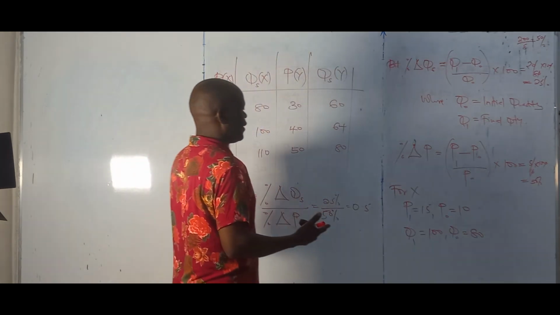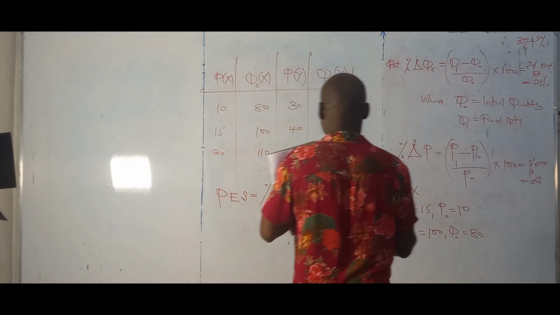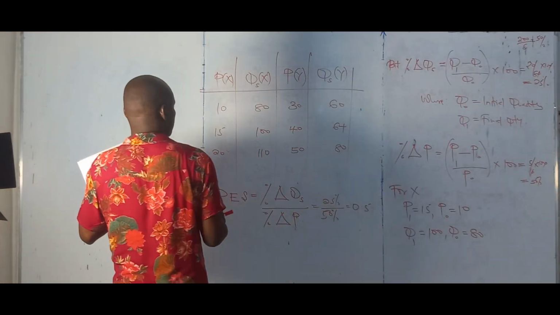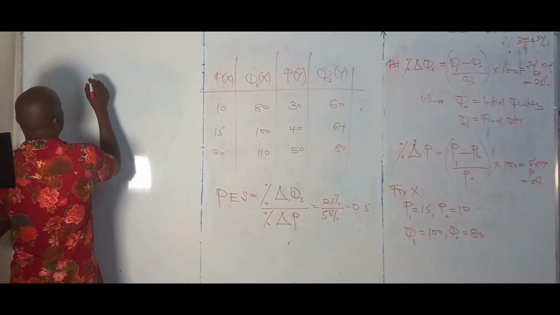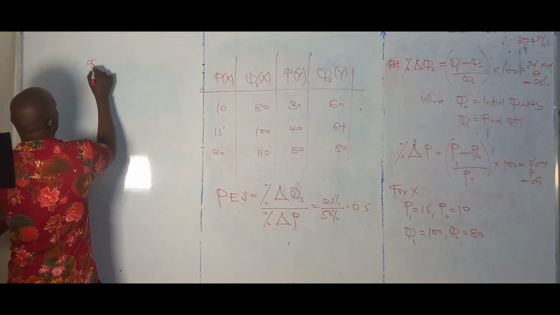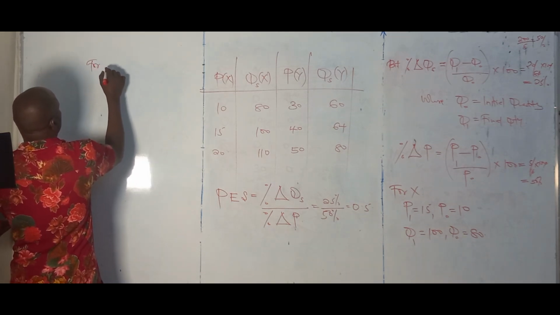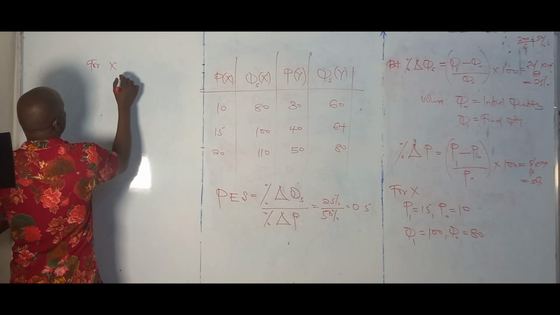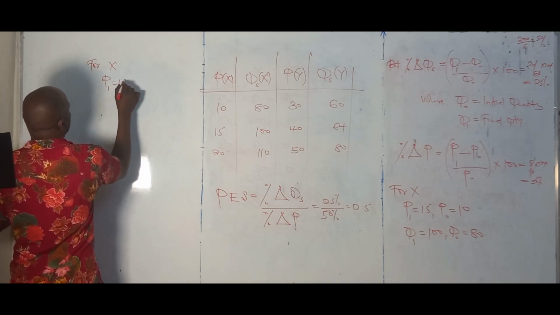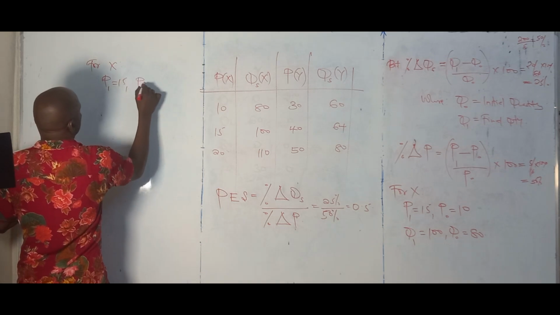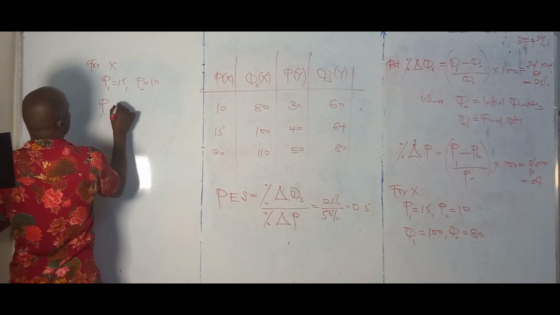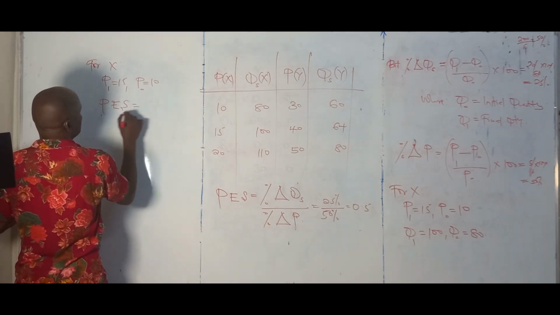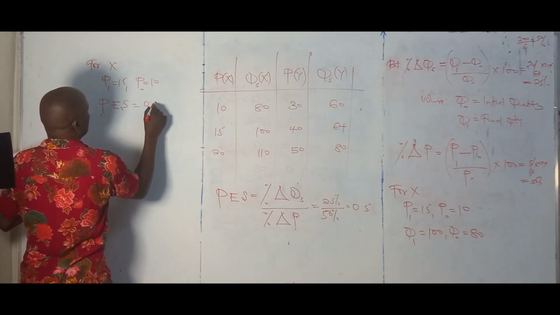Let's consider a different price range. We note here that for X, PES is 0.5.